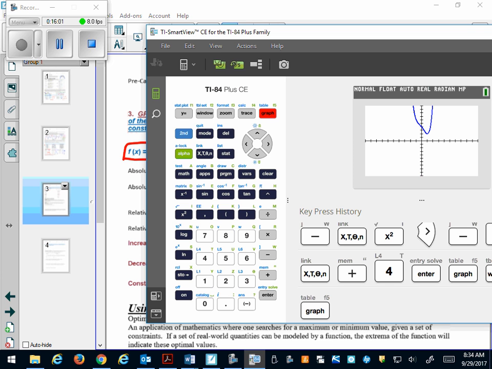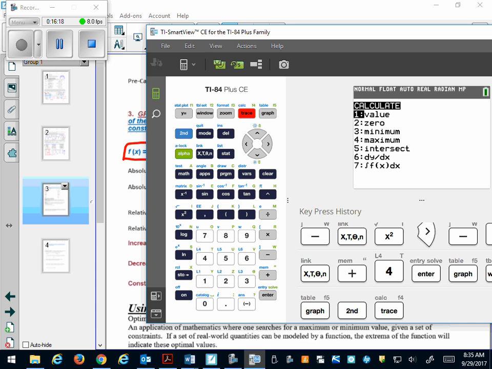Does anybody remember how to do this? Yes? Okay, go. Yep, okay, so you're going to do second button, and then the trace button, which is calc. Right, so then go to minimum. You can either scroll down or push the 3.